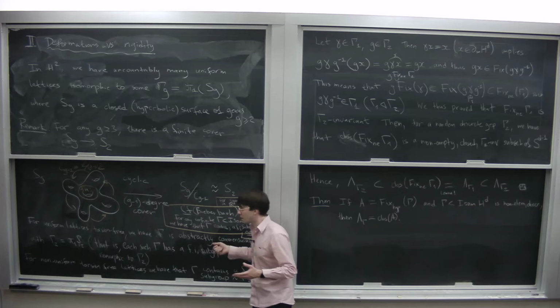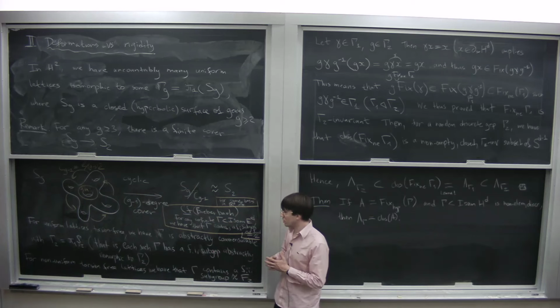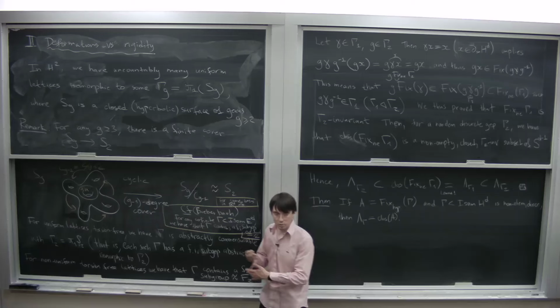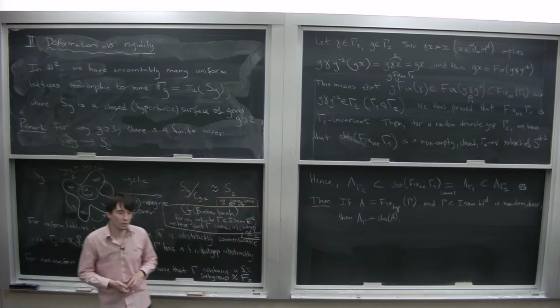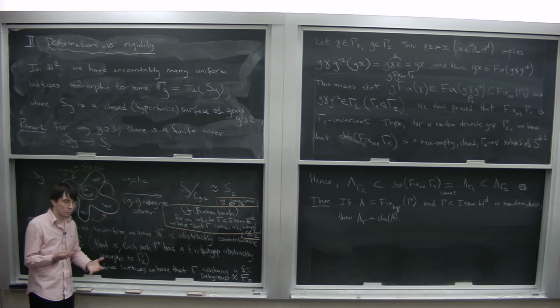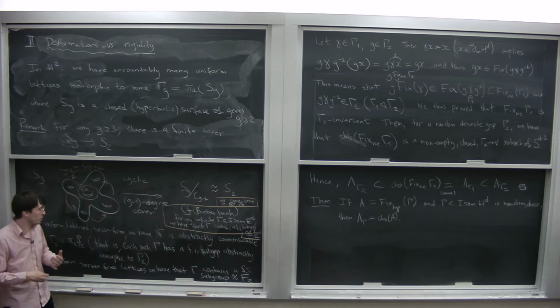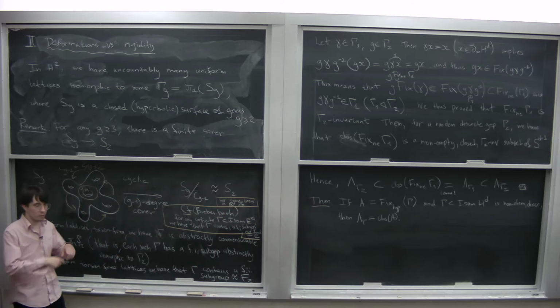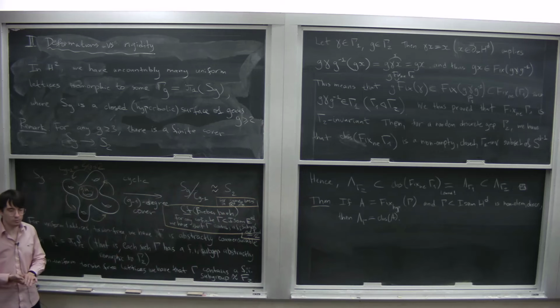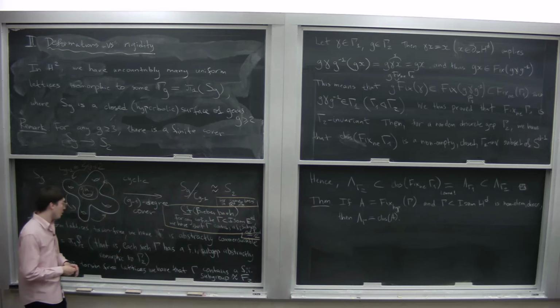You just need to find some isomorphism between two different groups such that the intersection gives you a finite index subgroup. This is abstract commensurability. In our definition of commensurability, we require this isomorphism to be induced by conjugation by some ambient isometry of the ambient space. Okay.